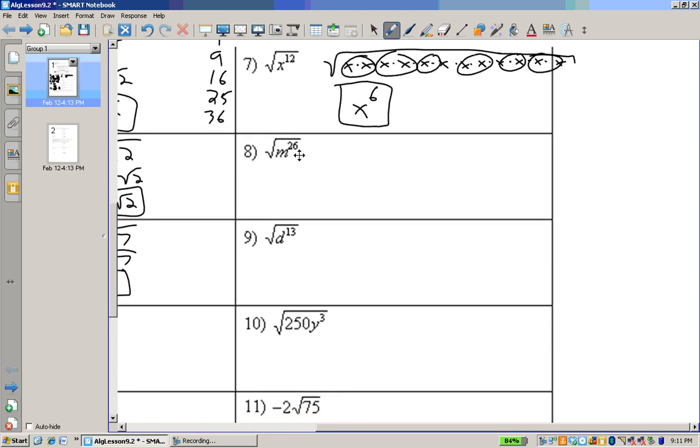Number 8. Here we have m to the 26th power. Now, you hopefully have noticed by this point we're just taking half. Part of that would be because in actuality, taking the square root is actually raising something to 1/2 power. So 26 times 1/2 would be 13.